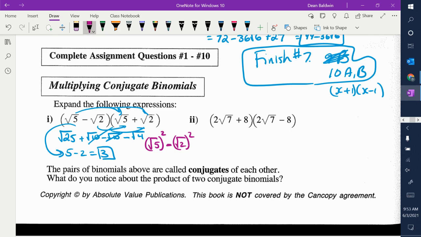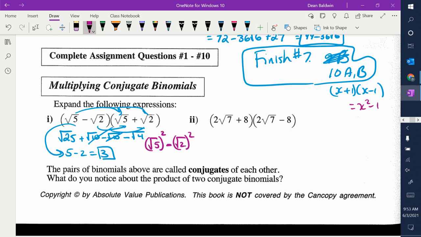So if I asked you to multiply this out, what would this be? Anybody know? If I multiplied this out, what would I get? X squared minus 1, all right? We're used to doing it with factoring. Normally, if I said factor this, you would say it's x plus 1, x minus 1.